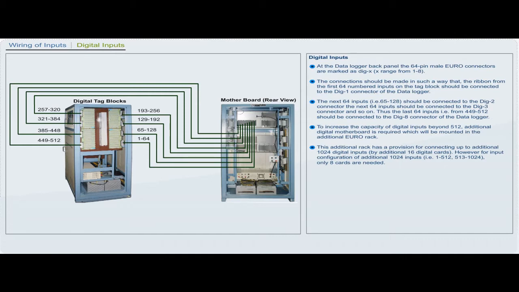However, for input configuration of additional 1024 inputs, that is 1 to 512, 513 to 1024, only 8 cards are needed. For providing 24-volt power supply to this digital expansion motherboard, a 4-pin male supply connector has been provided on its back panel. 24-volt supply to this additional rack is connected from the load terminals extended from the charger in the housing rack.